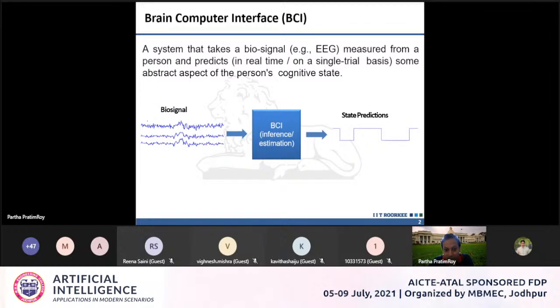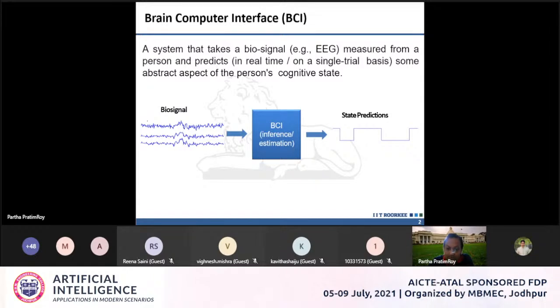So we are showing some external stimulus or maybe some internal stimulus. Stimulus means you show some video or image, or for example say some words, and then see how the person reacts.